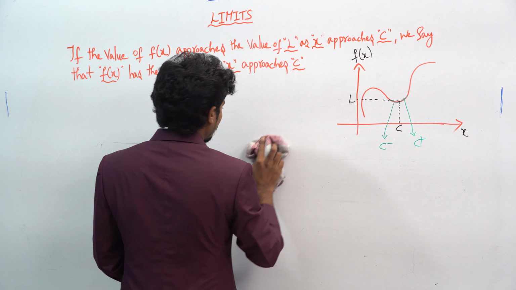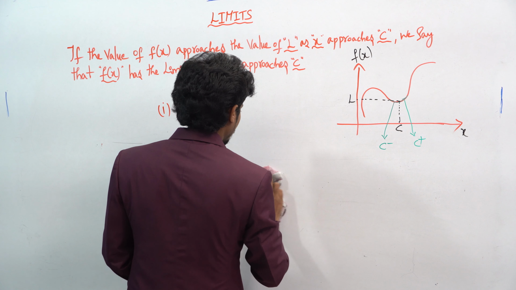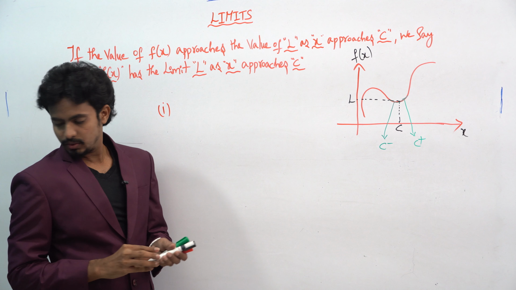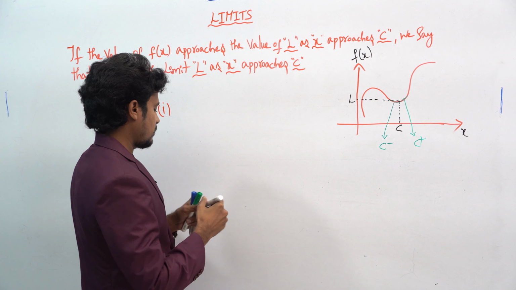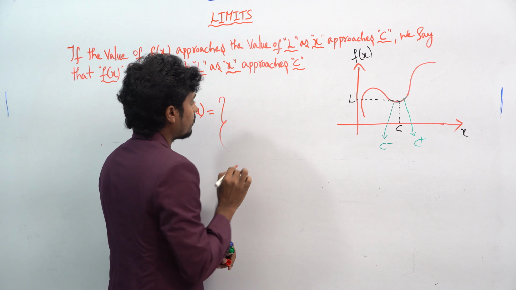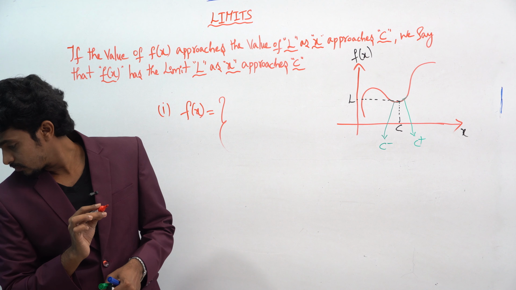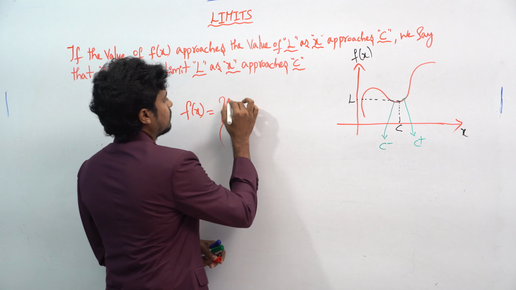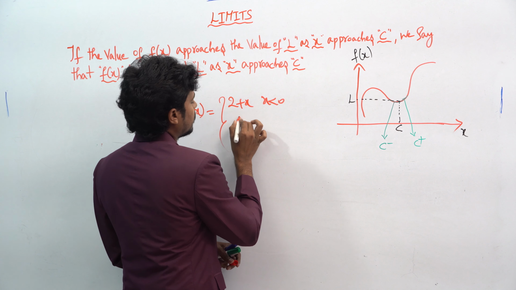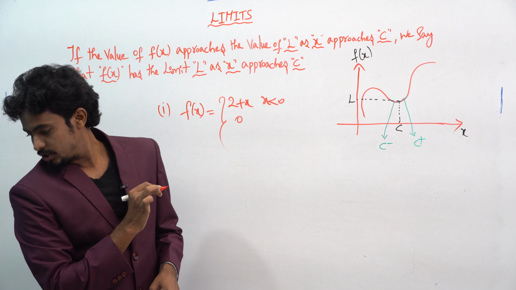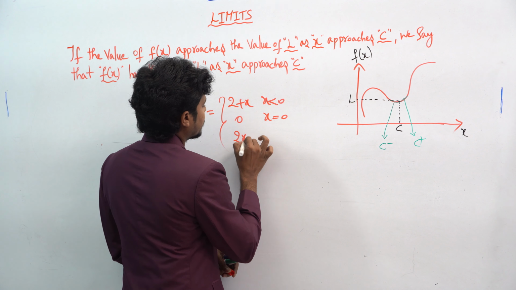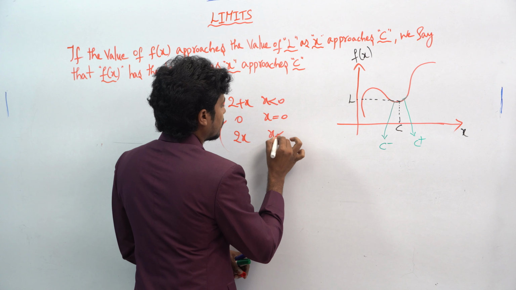Simple question. You just have to check whether the limit exists or not. So f of x is equal to 2 plus x for x less than 0, 0 for x equal to 0, and 2x for x greater than 0.